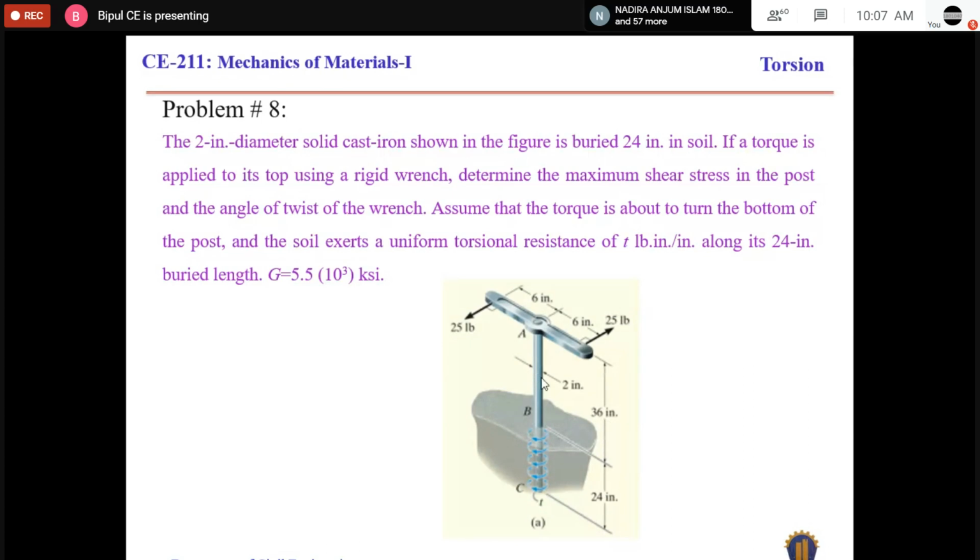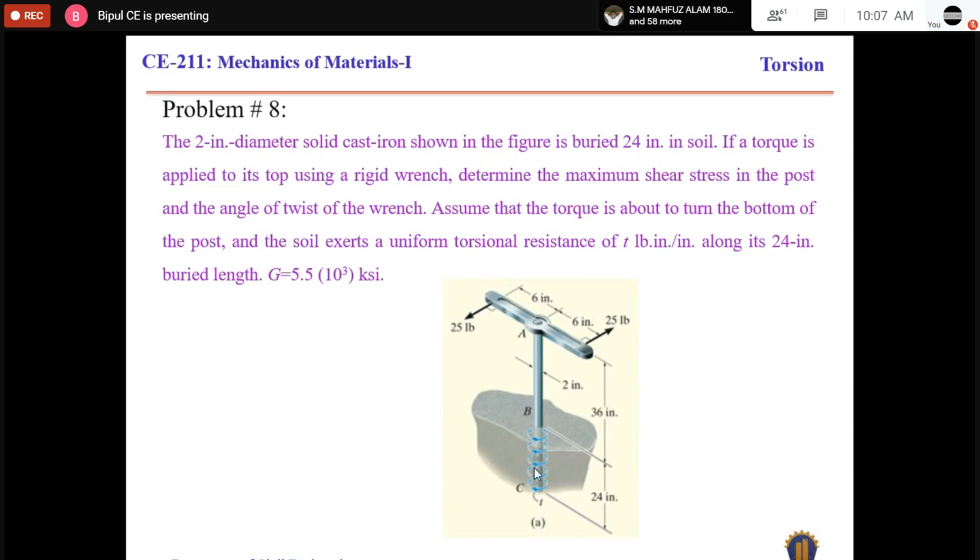The diameter of the shaft is 2 inches, and the applied torque is produced by applying 2 equal forces, each of magnitude 25 pounds, and the lever arm between the forces is 6 plus 6, 12 inches.